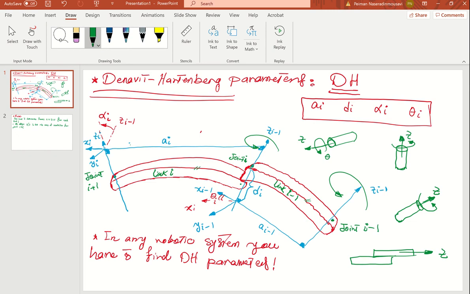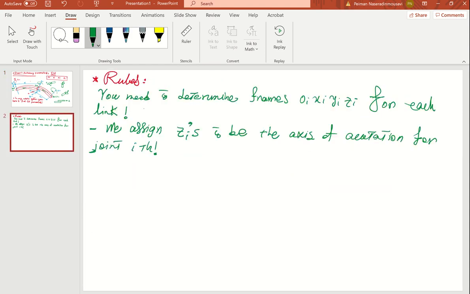Understand? So we set up z's as you can see here. This z, this z, this z, and this z on the axis of the actuation. Understand? Okay. So simply these are parallel to joint axes.